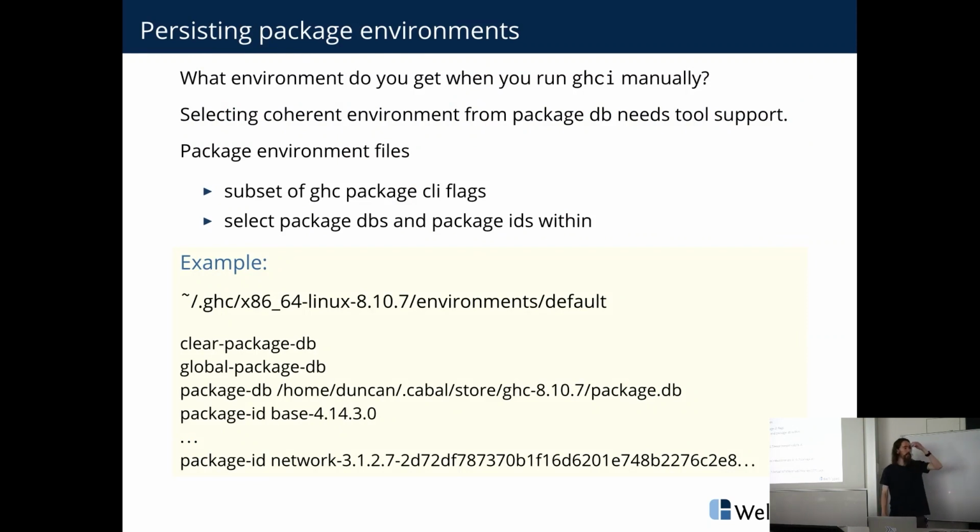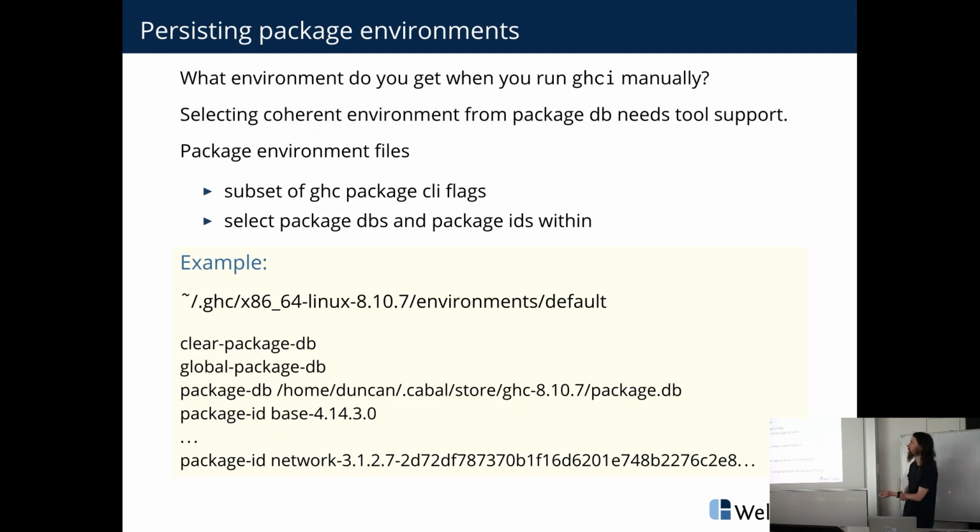I said we would get to package environments. So what environment do you get when you just run GHCI? You would like something reasonable. And if you've got a package database which has zillions of packages and zillions of versions, it's not clear what you ought to get. So selecting a coherent environment from the package database really wants tool support.